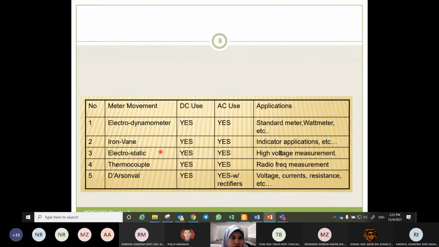All the meters can be used for DC signal as well as AC signal, but for PMMC, to measure an AC signal, it must be added with rectifiers. So these are the applications for each meter movement.